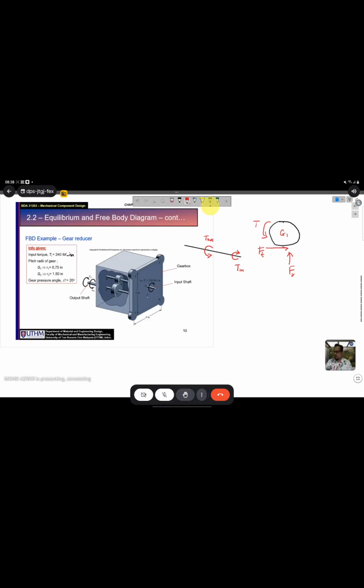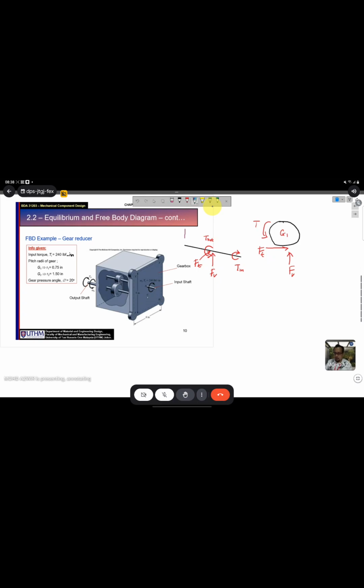And then when you transfer these two forces at the gear, you need to just follow the direction. This is your FR, and this is your FT. Maybe I can put the X, Y, and Z directions.